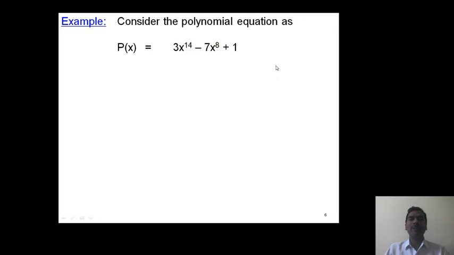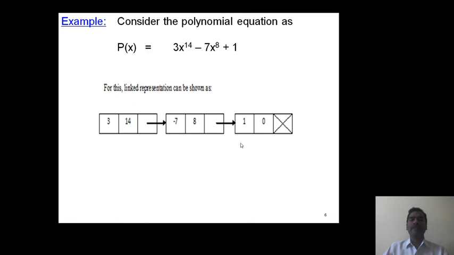Now observe this example. Consider the polynomial equation p of x equivalent to 3x power 14 minus 7x power 8 plus 1. When we observe this equation, three elements are available. Hence, to represent it using linked list format, we design three nodes, and each node consists of coefficient, exponent and link parts.